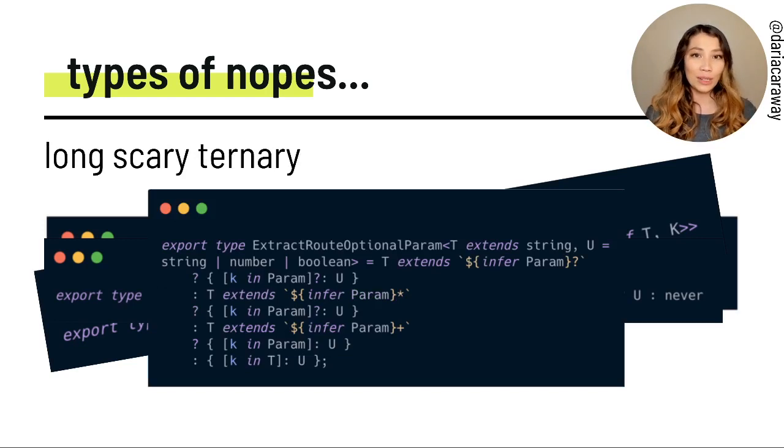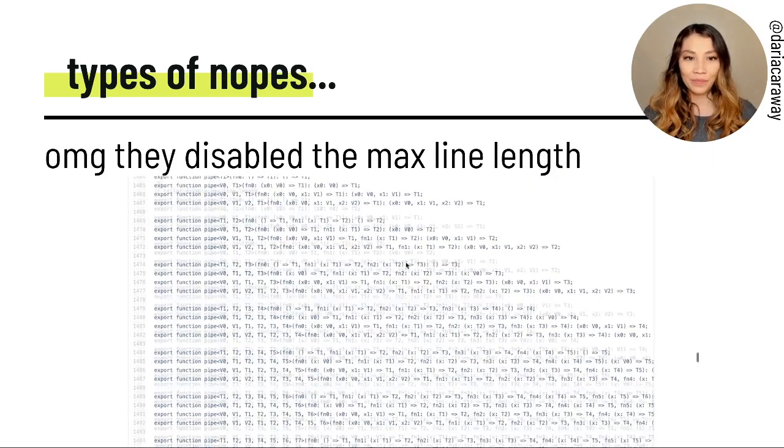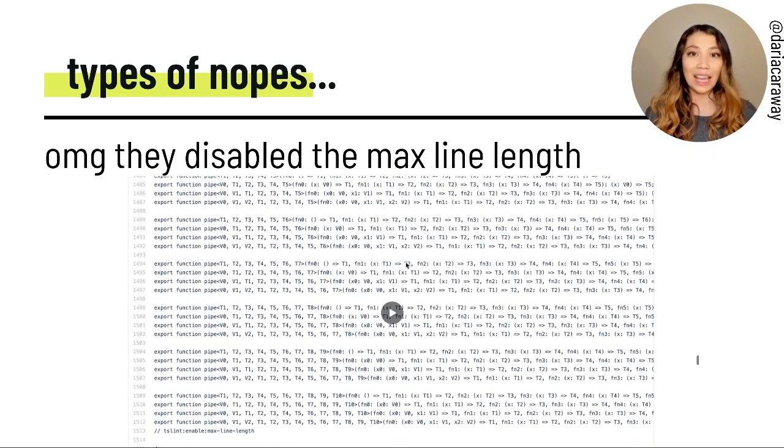Maybe it's a really long, scary ternary that you don't know how to parse because it's so nested and deep. Maybe it's just a big old nope because it has all of these things in one type and you're not really sure where to start or how to break it down. Or my favorite nope, the oh my gosh, they disabled the max line length because these types are so incredibly long.